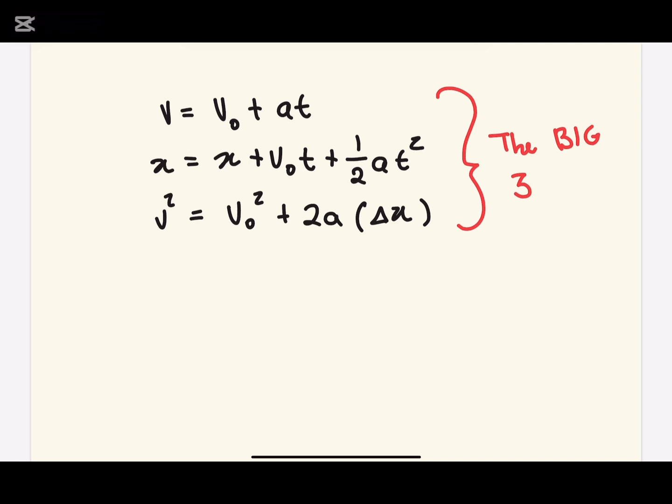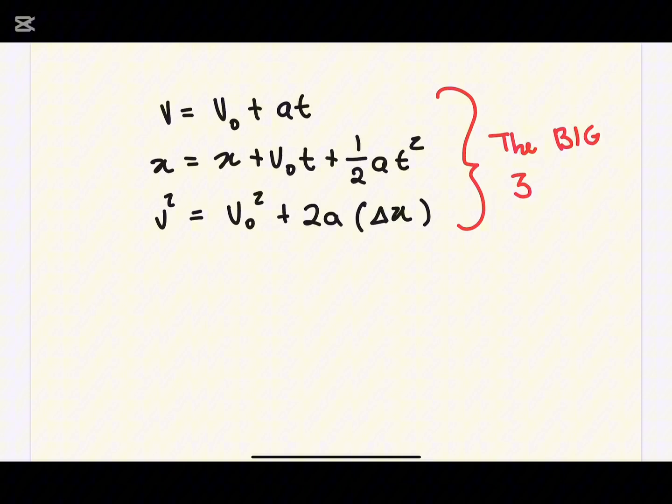The first one, the final velocity is equal to the initial velocity plus acceleration times time. The second one is final position equals initial position plus initial velocity times time plus 1/2 acceleration times time squared. The third and final equation is final velocity squared equals initial velocity squared plus 2 times acceleration times displacement.